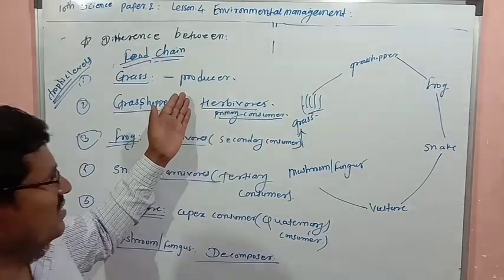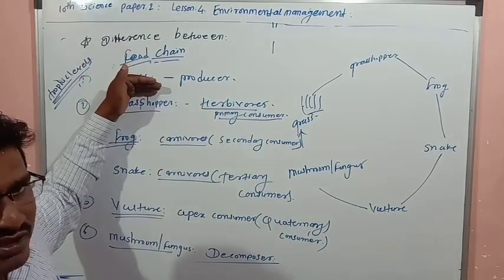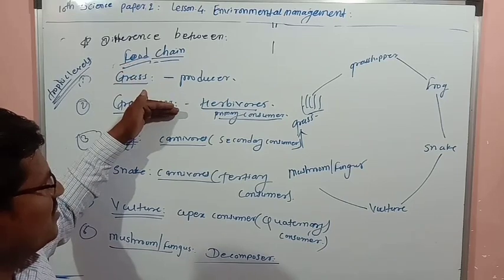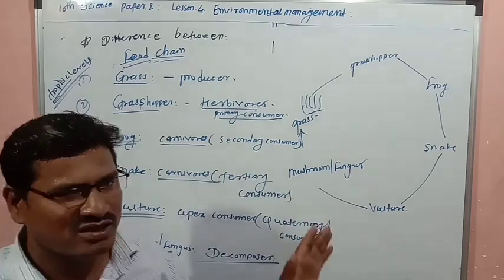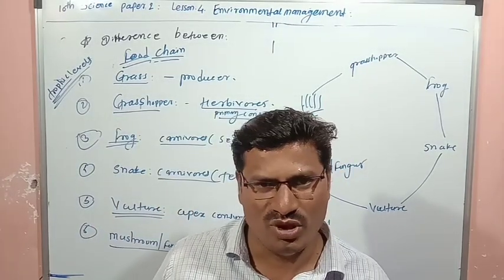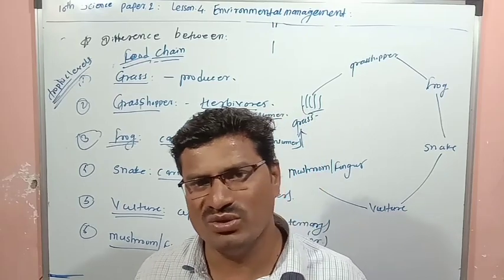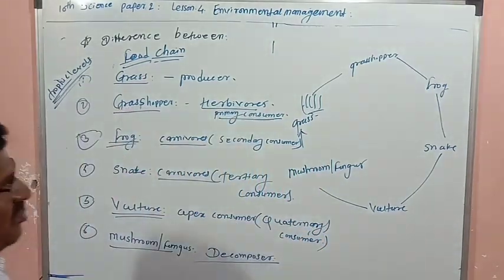Sun is the ultimate source of energy. From that sun, producers are taking energy. That energy is passing to the next consumers, and energy transformation takes place. This energy distribution from one organism to another organism is called an energy pyramid.